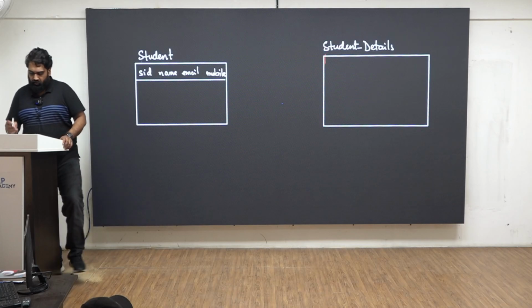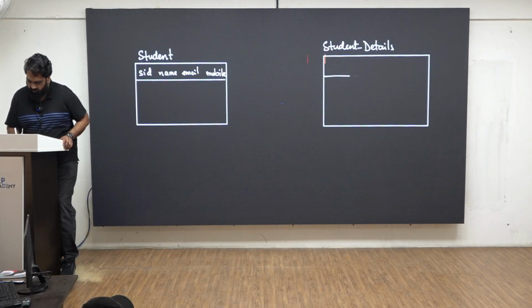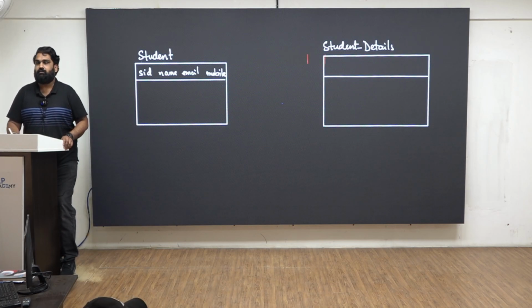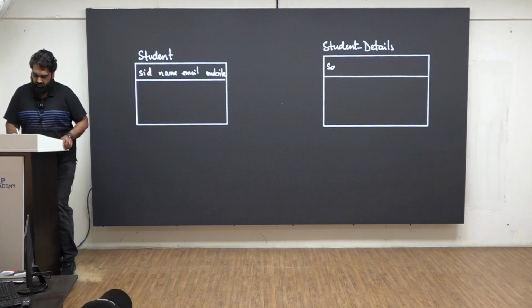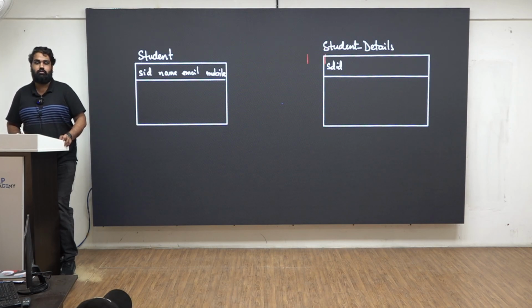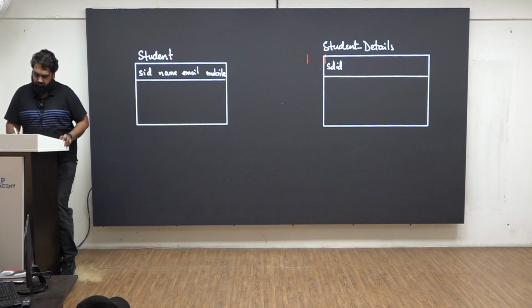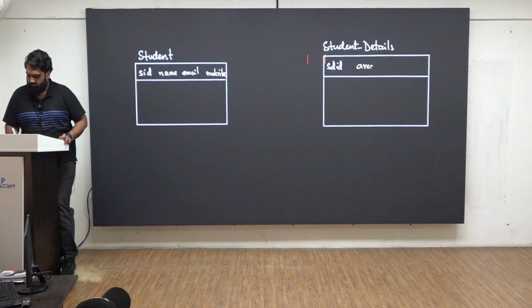In the same way, in the student details table, I will have SDID, student detail ID. Then I will have address information, asking the user what area, city and pin code they belong to.